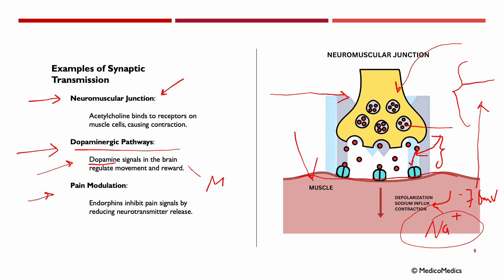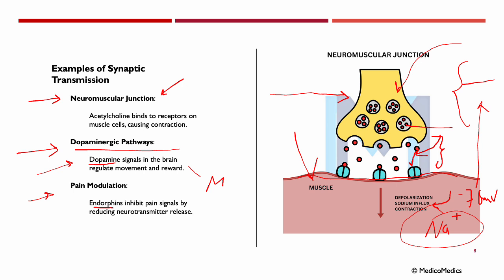Another one is pain modulation. The perception of pain can be regulated by the release of endorphins. And these endorphins are endogenous opioids. These chemicals act on opioid receptors in the spinal cord and brainstem to inhibit the release of pain-transmitting neurotransmitters like substance P or glutamate.